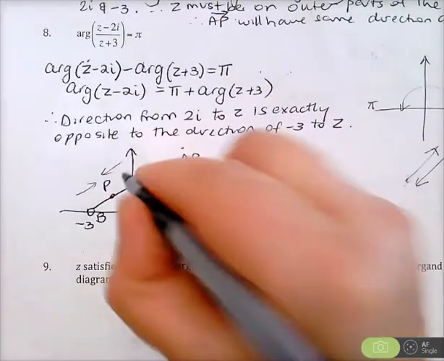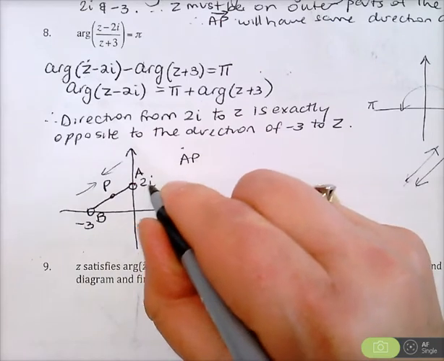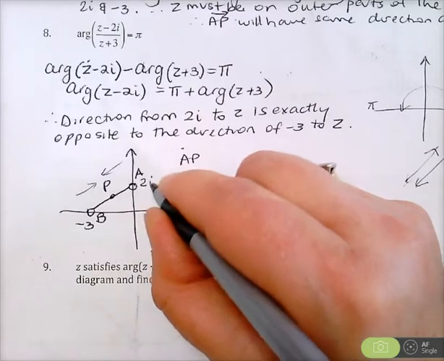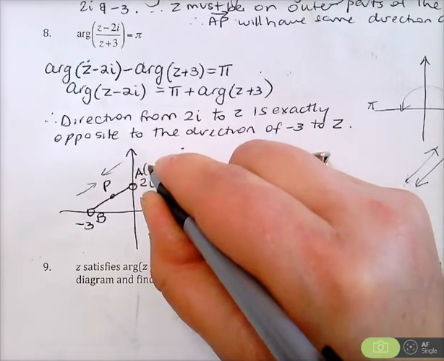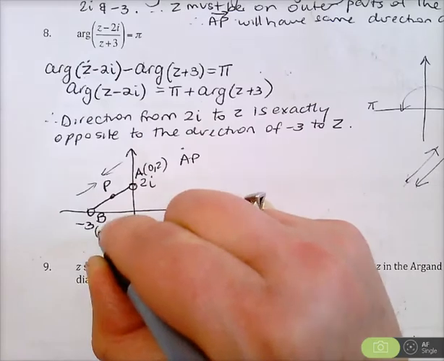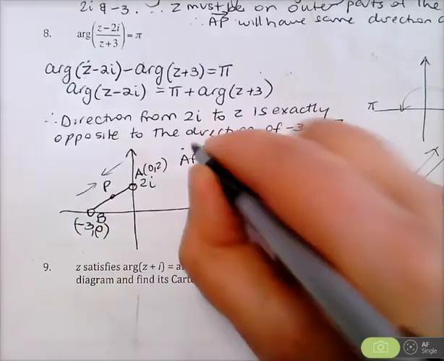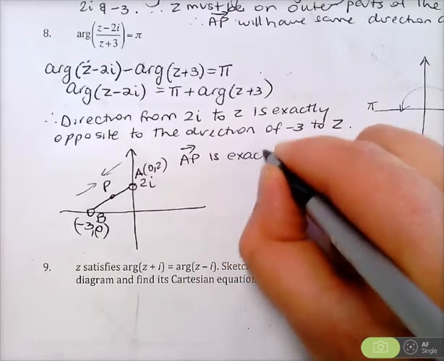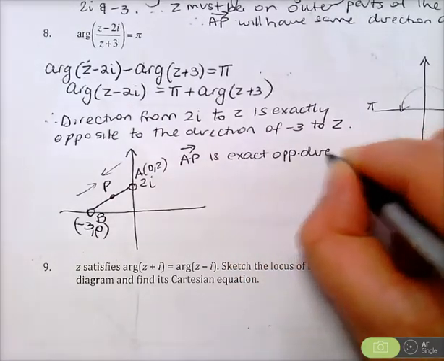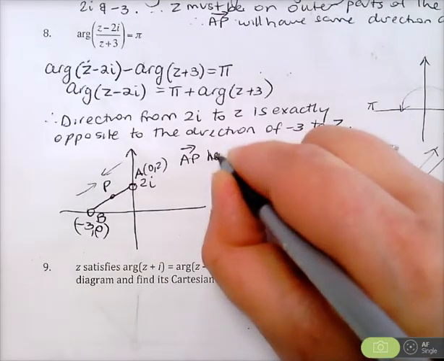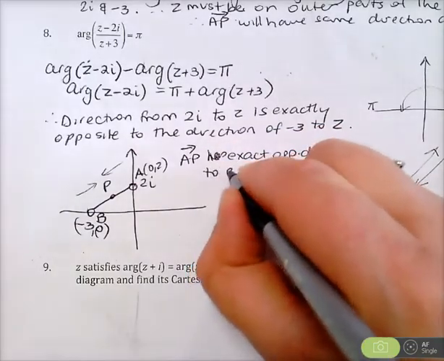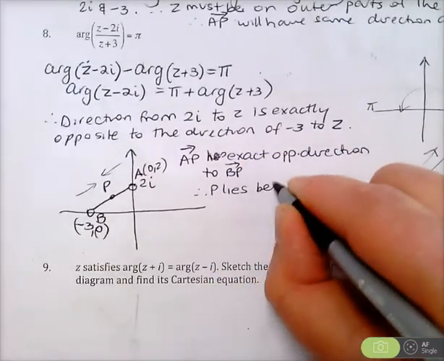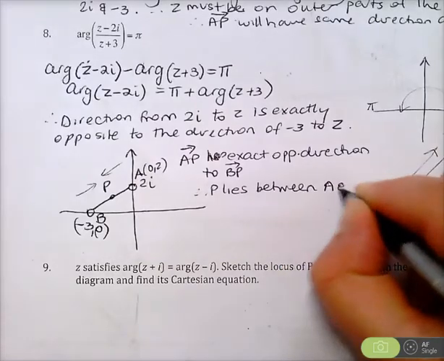So if I call A the point 2i and B is the point negative 3, 0, so if A is 0, 2 and B is negative 3, 0, then AP has the exact opposite direction to BP. So therefore P lies between A and B.